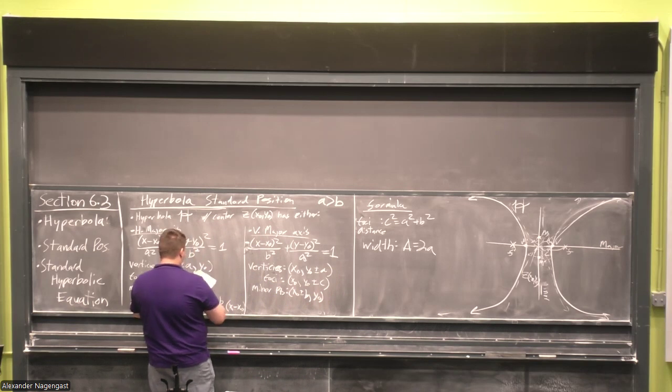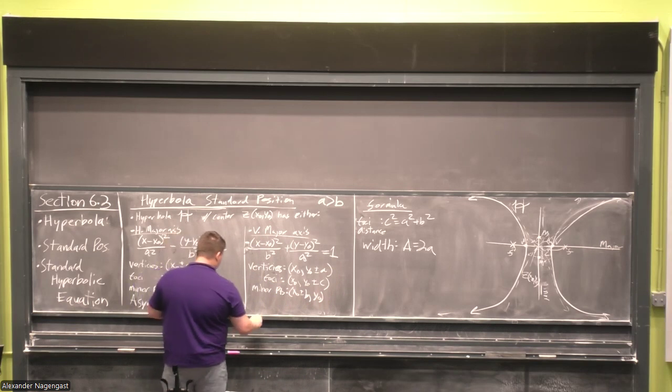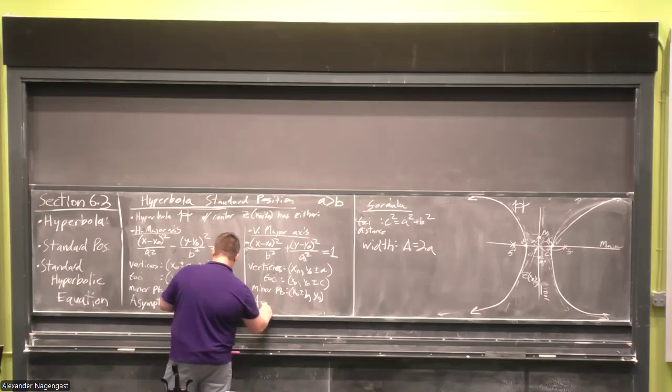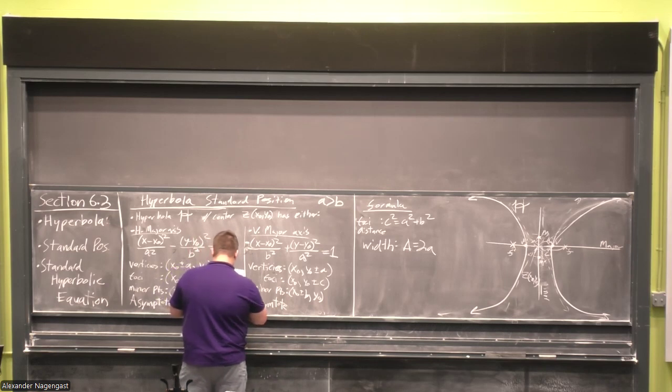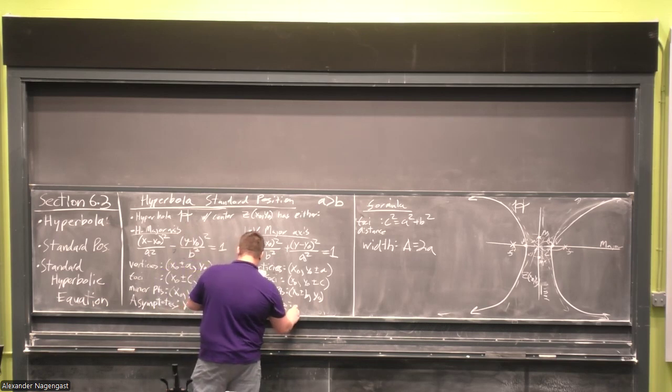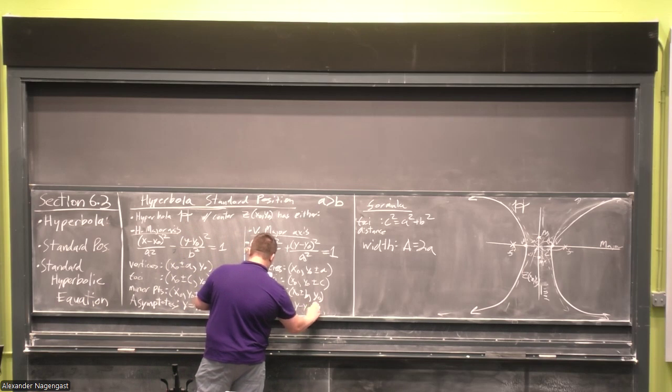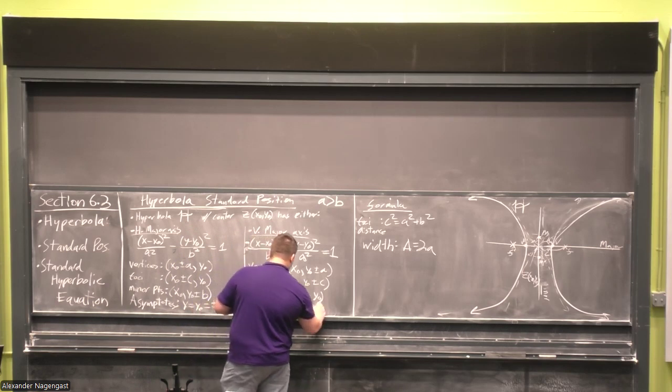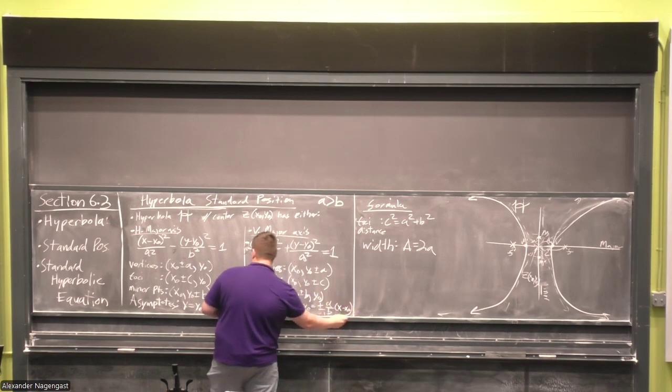And then finally, our asymptote, and the equation of that will be y minus y naught is equal to plus or minus a over b times x minus x naught.